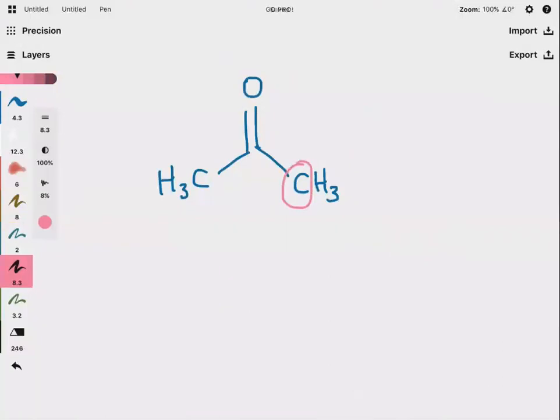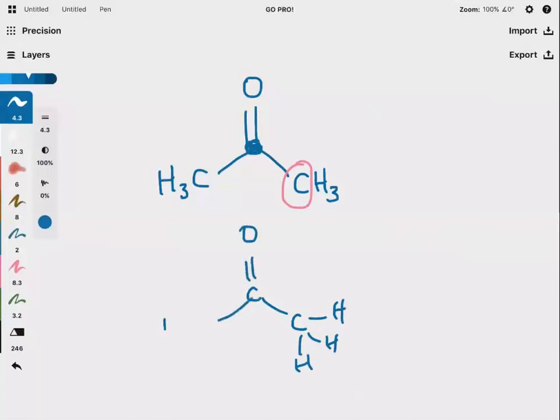So what are the things that that carbon is bonded to? Well, it's bonded to 3 hydrogens. It's a methyl group, but it's also bonded to that carbon right there, the carbonyl carbon, right? So that carbon is bonded to 4 things, 3 hydrogens and 1 carbon.